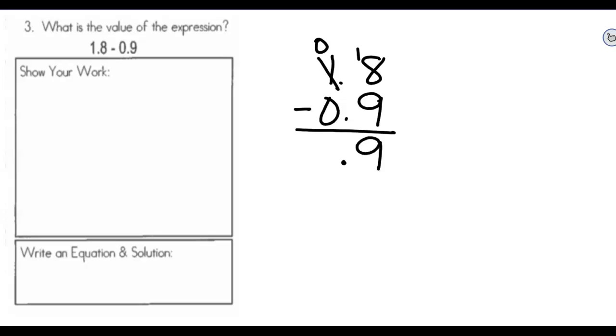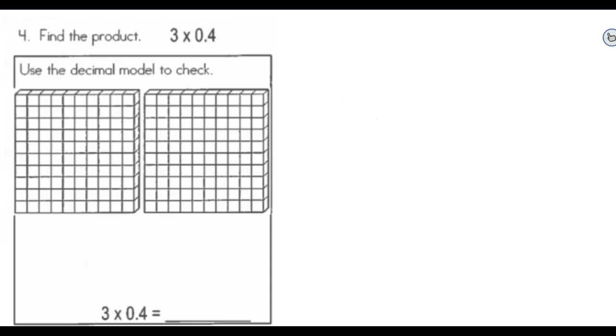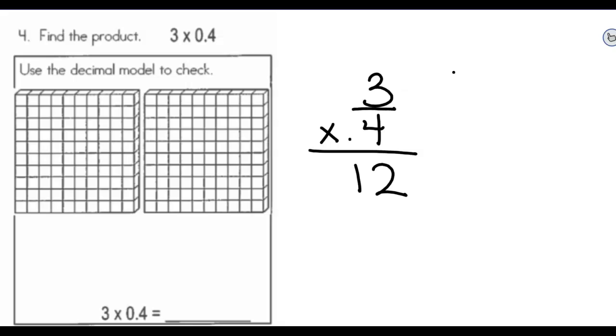I didn't have to do that, but I did for your sake. Find the product of 3 times 4/10. So I'm going to ignore that decimal. I do 3 times 4 is 12. I look at right here, I have a 1 place times a tenth, which means in my answer I need to show a tenth. So I have 1 and 2 tenths.